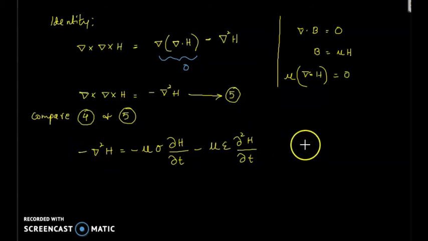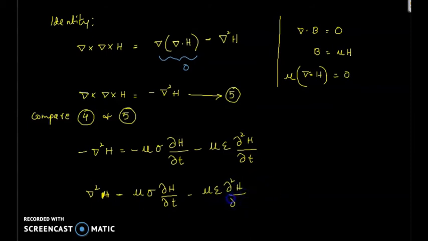So minus is common. Rearrange the expression. It becomes del square H minus mu sigma partial derivative of H with respect to t, minus mu epsilon second partial derivative of H. This is equal to 0.